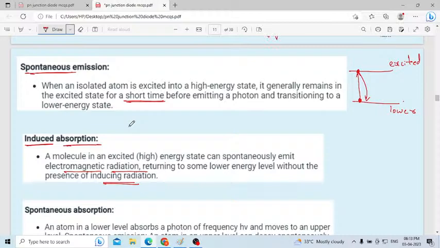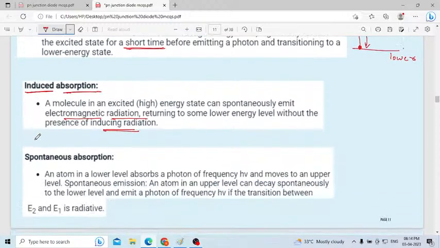Here emission means emitting the energy, and absorption means you are absorbing the energy. If the electrons want to go to a higher energy level, they have to absorb energy. That we will consider as induced absorption. Induced means artificially we are providing the energy.